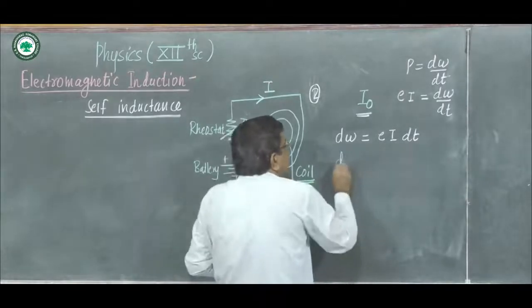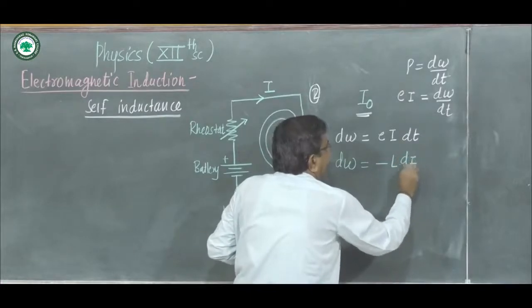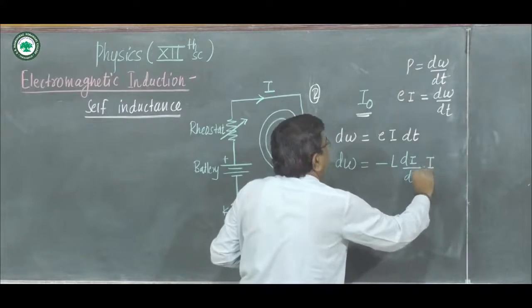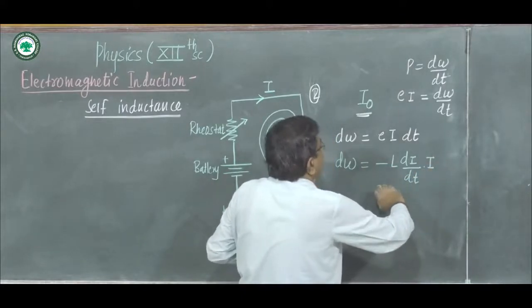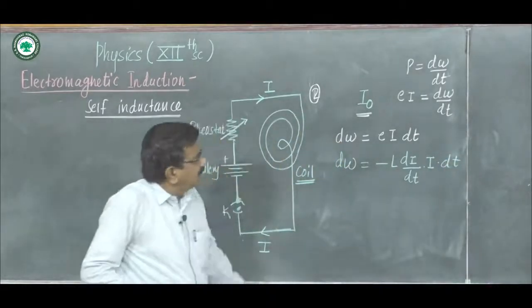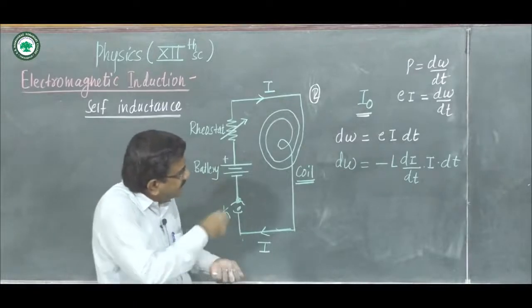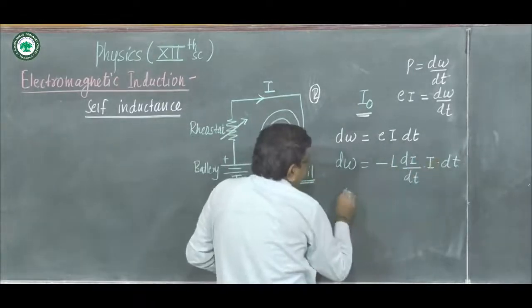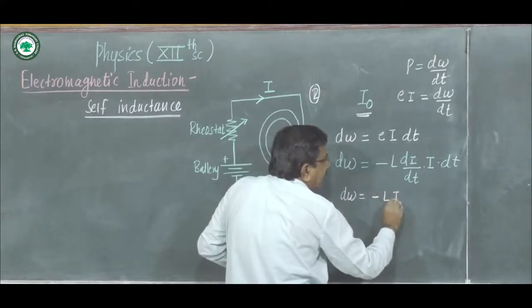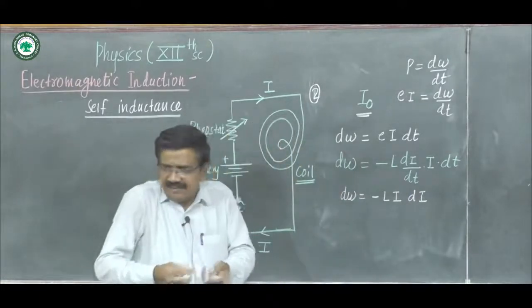So dW is minus L di upon dt into I dt. The dt gets cancelled and we get minus L I di. This is the small work done.